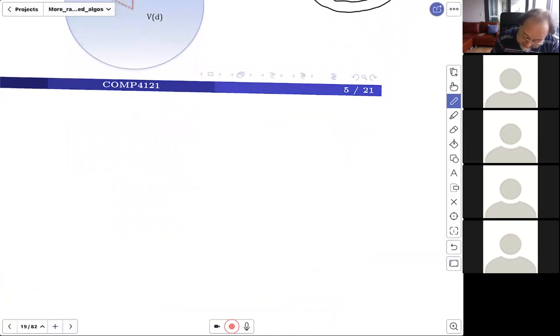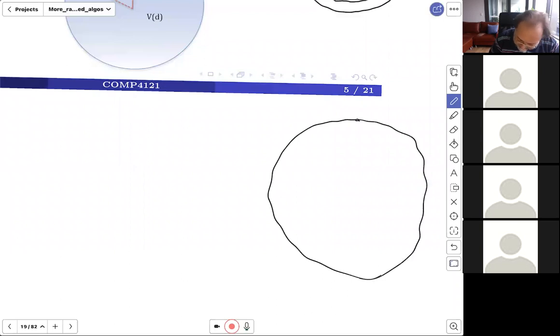The other thing about the sphere that this theorem proves is the following. You take your sphere, this is more of a potato than a sphere, and then you do the following. So this is the cross section.